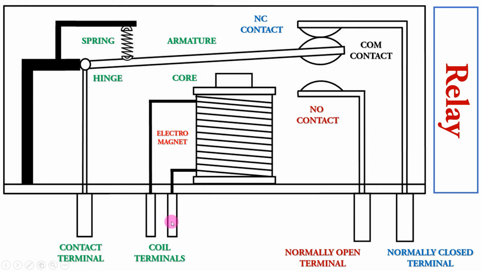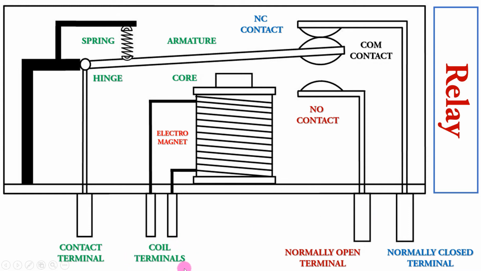When you activate this coil with some current, the magnetism which is created will pull this armature towards the core, and this contact will switch over here. So it is becoming active, and now instead of connecting over here, which was normally closed, we are connecting the switch to the normally open connection.